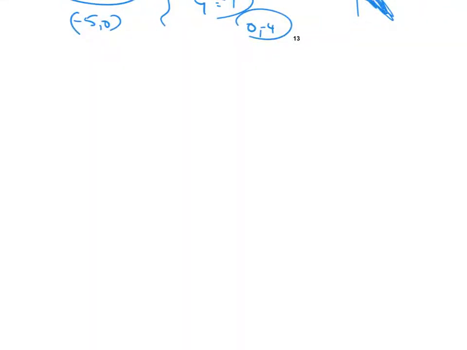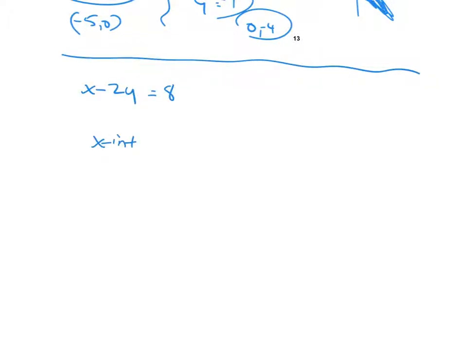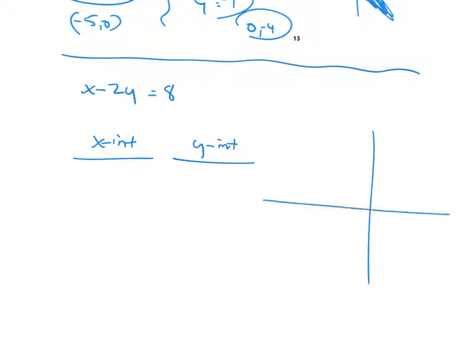And let's look at one more. How about number C on number 9? x minus 2y equals 8. We're looking for the x-intercepts, the y-intercepts, and we're going to do a quick sketch. So x-intercept will be x minus 2 times 0 equals 8. That goes to 0. x is 8, so (8, 0). 1, 2, 3, 4, 5, 6, 7, 8.